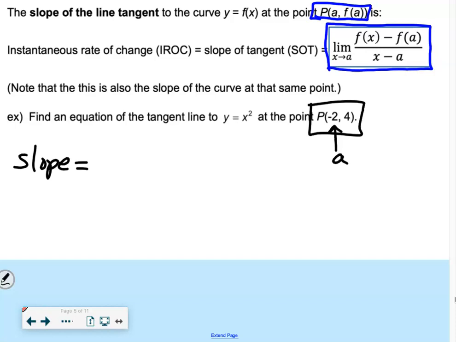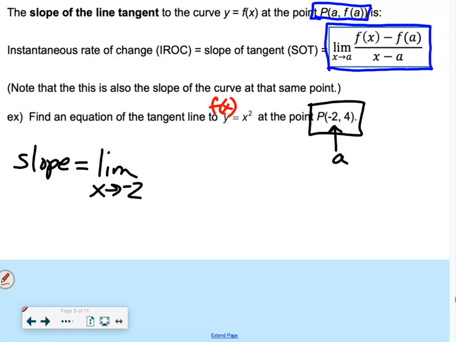So we have the limit as x approaches -2 of f of x. What is f of x for this problem? It's x squared, your function. Remember that y is synonymous with f of x: y is written with output variable notation, and this is function notation, but they mean the same thing.